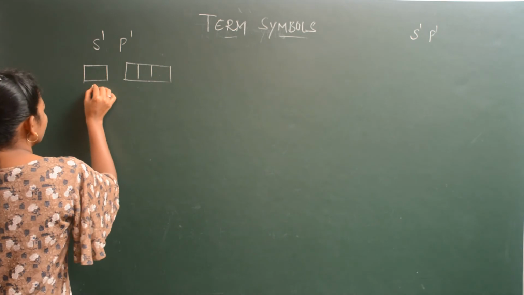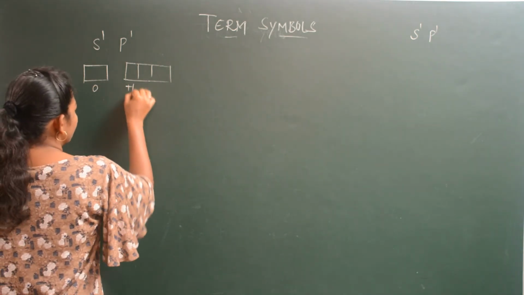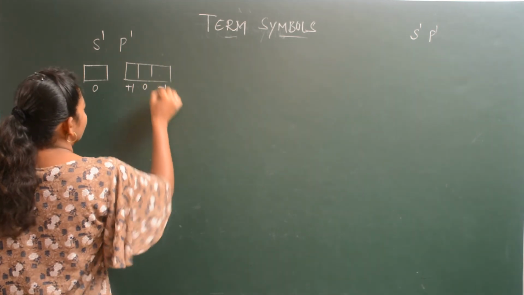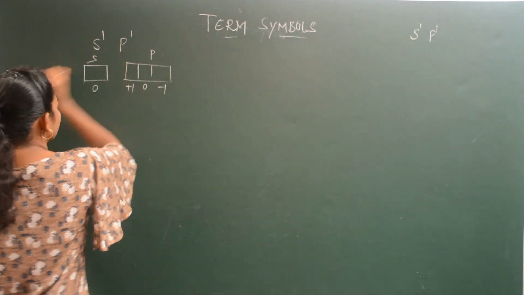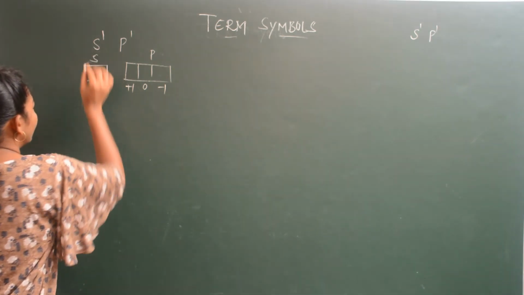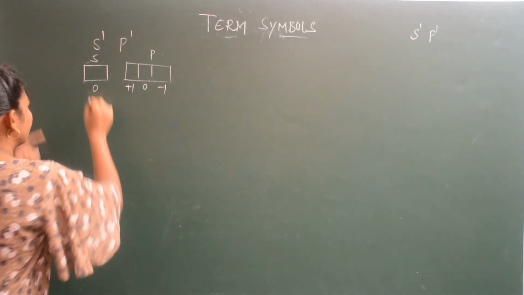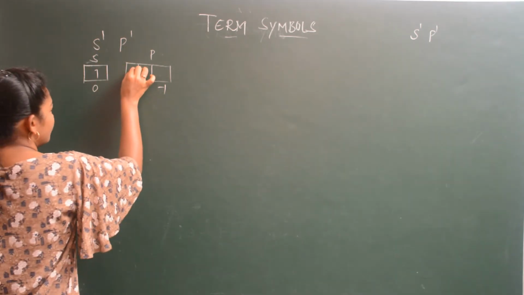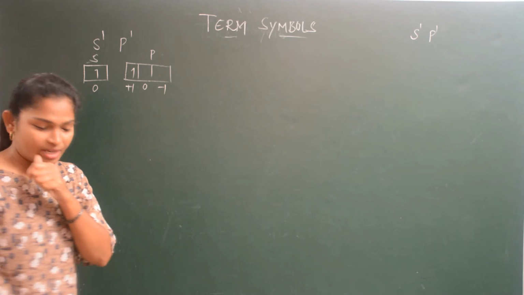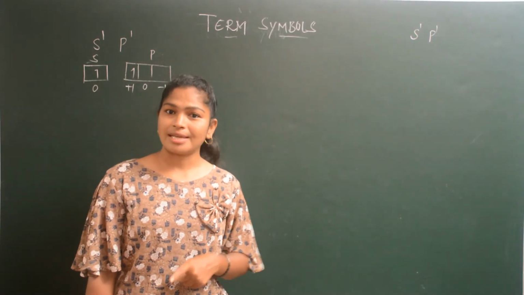Possible L values: for this one s orbital, the L value will be 0, and for p it is +1, 0, -1. Now, how many electrons are there? s has 1 electron and p also has 1 electron. Whenever you have different orbitals, the L values and the S values can be different.